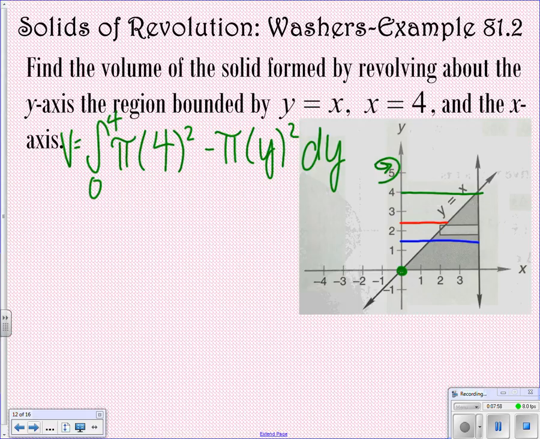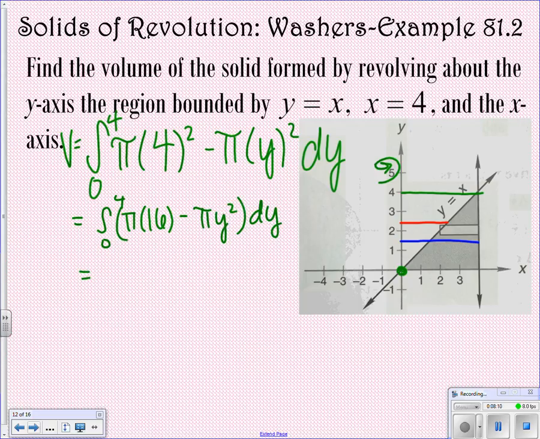So now we can go ahead and square those two pieces. And so I have 16 and then y squared. And now if I integrate that, I'll have 16 pi times y minus 1/3 pi y cubed from 4 to 0.